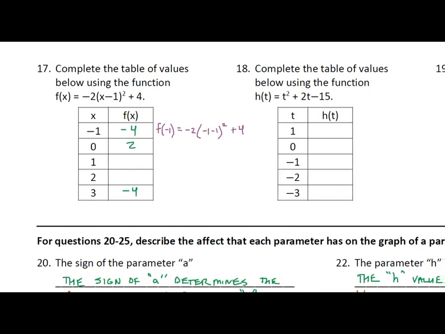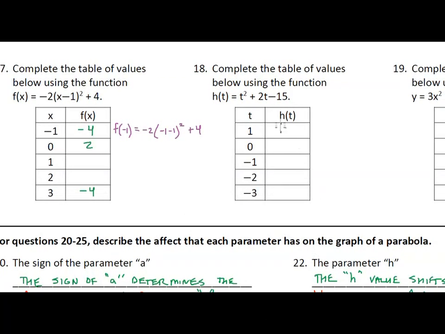Question number 18, same thing. This was vertex form on 17, and on 18 we are in standard form, but the same thing applies. Go ahead and take the t value and plug it into the function, so you're evaluating the function where t equals 1 and figuring out what h of t is.